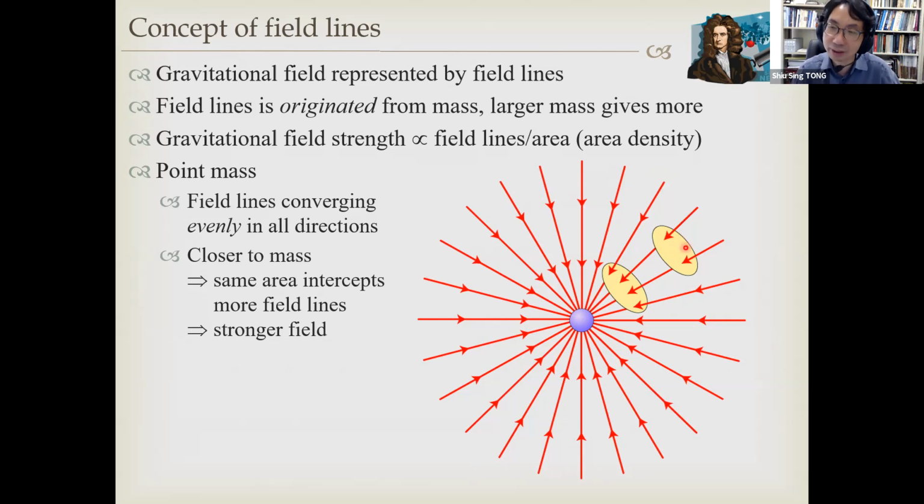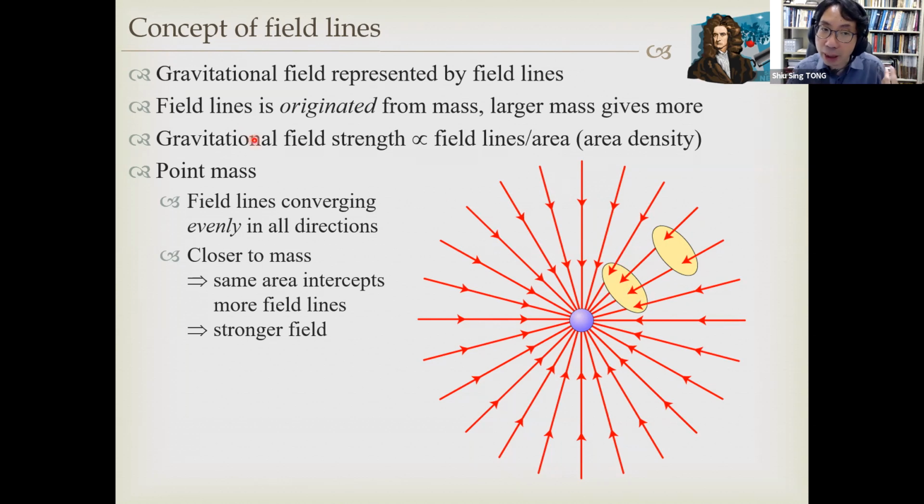But how about if I put this area closer to the point mass? If I put the same area closer to the point mass, because the field lines are converging, right? Now there would be more field lines passing through the area. Suppose here at this new position, we have 4 field lines passing through the same area.